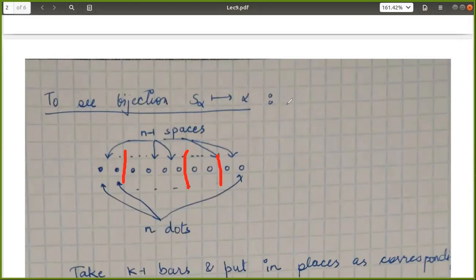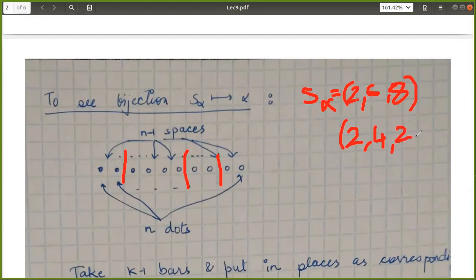So if S alpha was, let's say, 2, 6, 8, then what is this? You have clearly found that this is 2, then this is 4, then this is 2, and then this is 2.